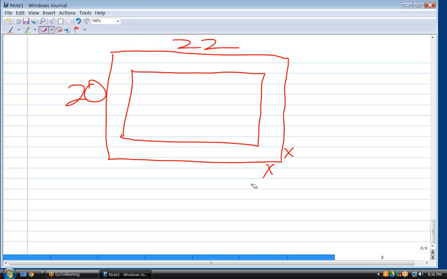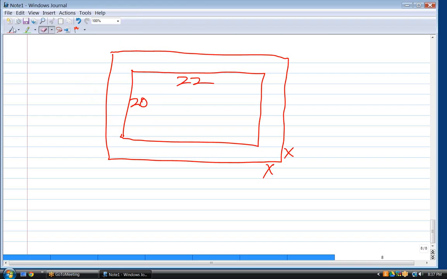Because if my picture is right, then the area of the frame and the picture is just 20 times 22, so I don't think that's what they're asking for. Okay, I made another mistake. You're going to hate me for this. The picture is 20 and 22, not the frame. That's all right. They wrote it kind of weird.